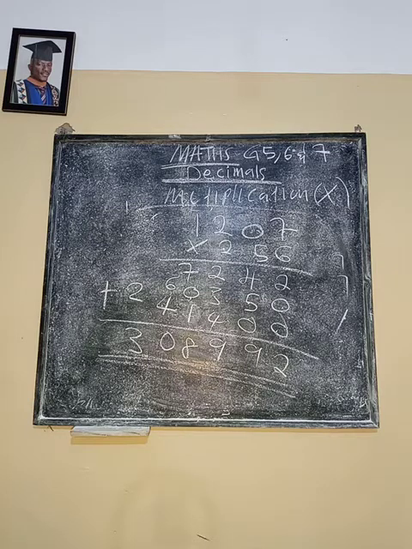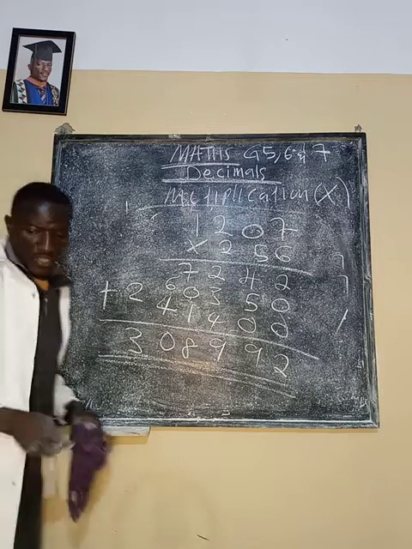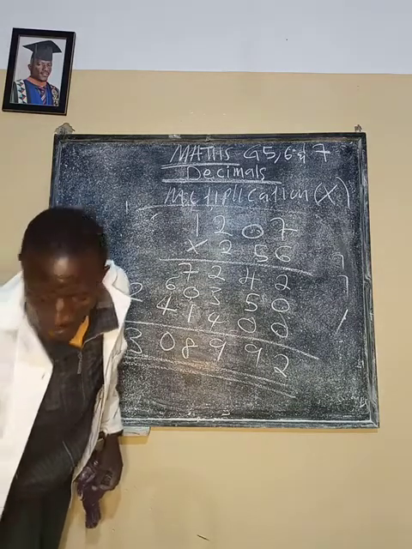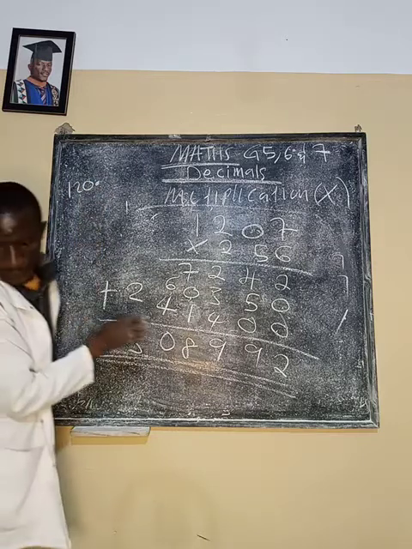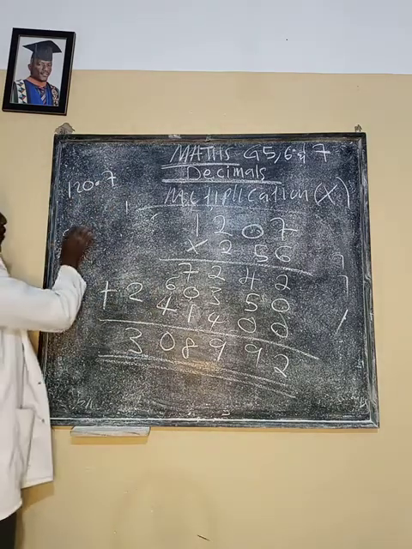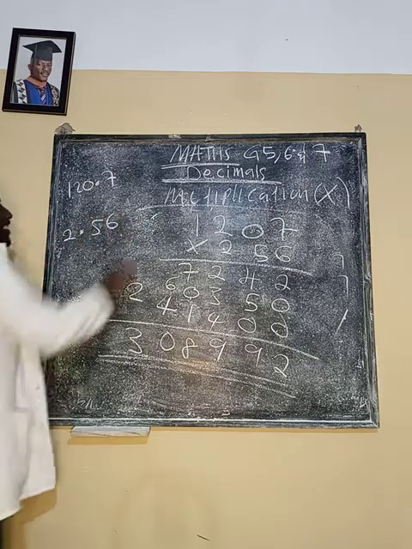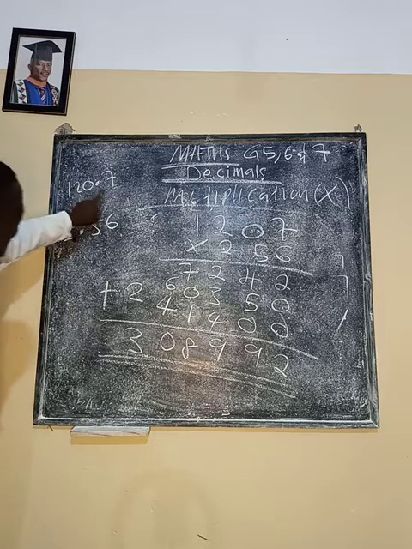So how are we going to write the points? We go back to the original numbers. The original numbers were 120.7. Then the other one was 2.56. Guys, the last time we said count the decimal places after the point.